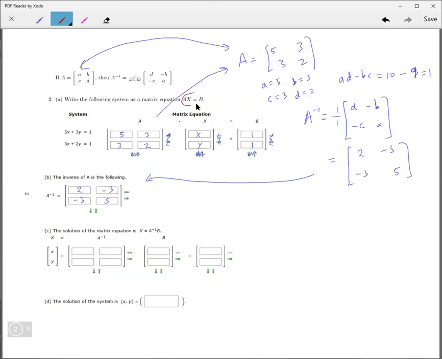Okay, now let's focus on this part right here. So this is AX equals B. I'm going to write it with a little space in front here. What's going to happen is we're going to take this A inverse matrix and multiply it on the left. And when you do that, this part here just becomes the identity times x.